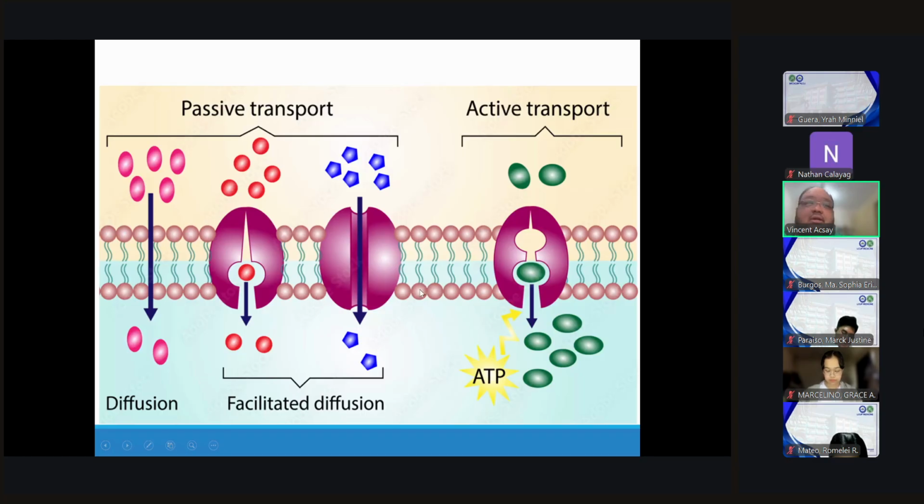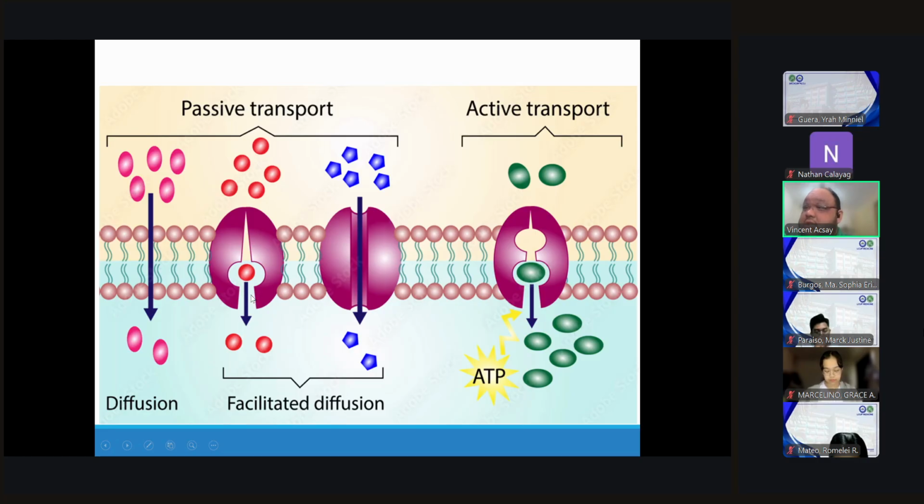So, a short summary: you have your passive transports. Your non-protein mediated transport is your simple diffusion. Your facilitated diffusion, using pores and channels, like this one with the blue molecules, or your transporter proteins like your red molecules, are forms of facilitated diffusion.